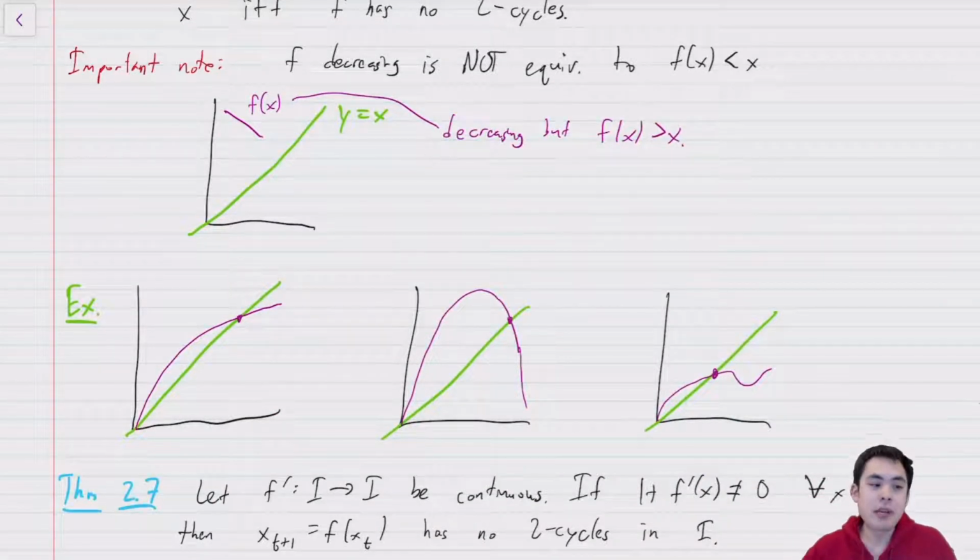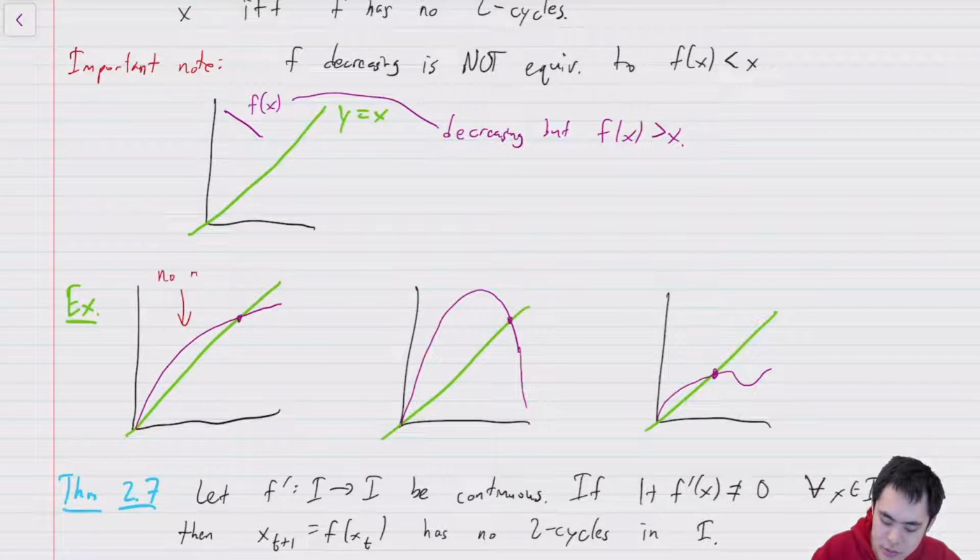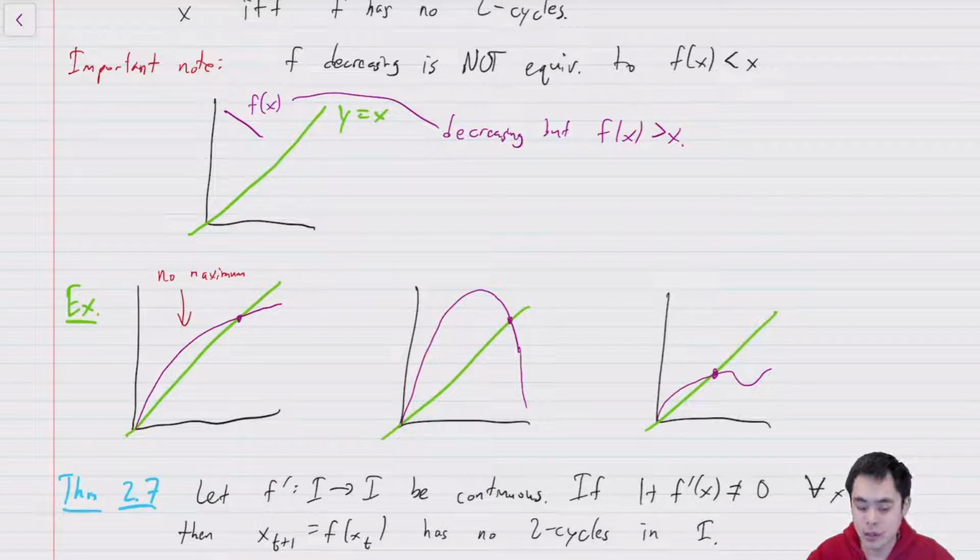And let me show a couple of examples of this. So in this case, here we have no maximum. Actually, let me put this over here. There isn't a maximum, and you notice that here, what does it mean for f of x to be greater than x?